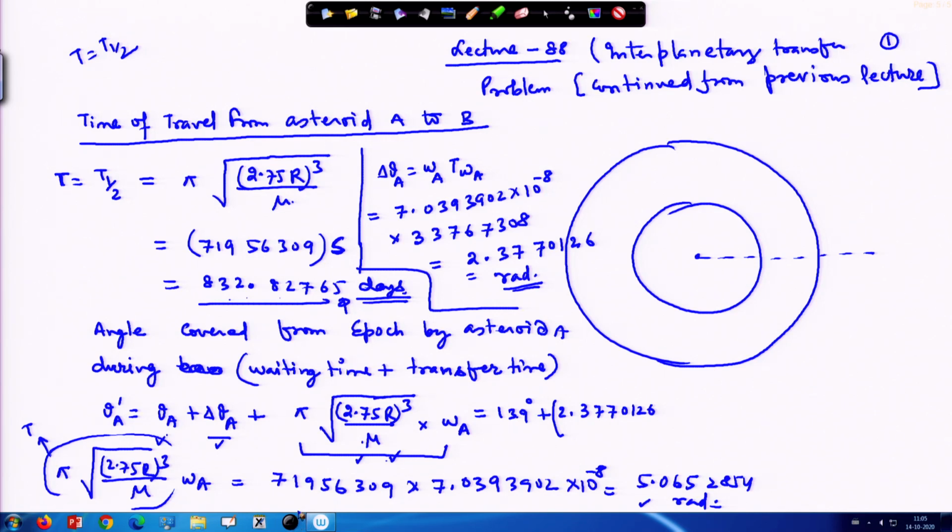So, during the flight time how much A moves. So, this we add here 5.065284 times 180 divided by pi. So, this gets converted into degree. Therefore, we get from this place 565.4122 degree.